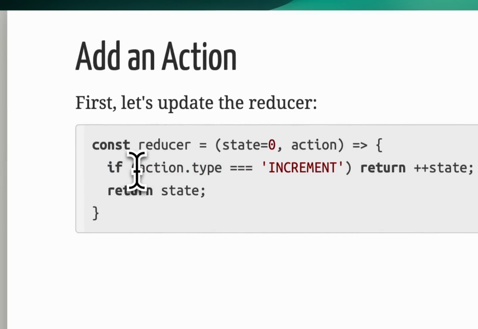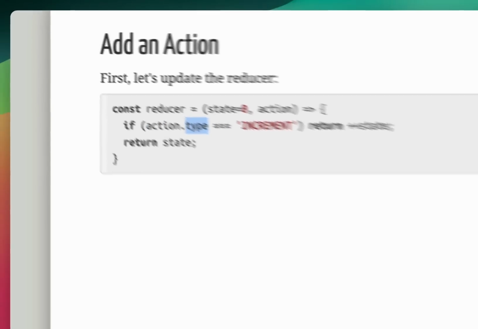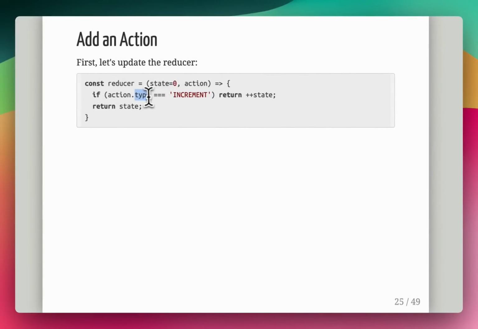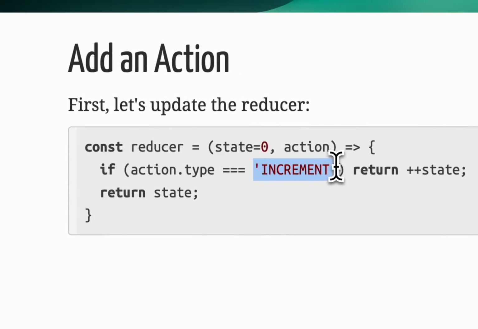To do that, you use an if clause and check for action.type. And this action.type can be any string that you want. In this case, we are checking if the action type is a string called increment.